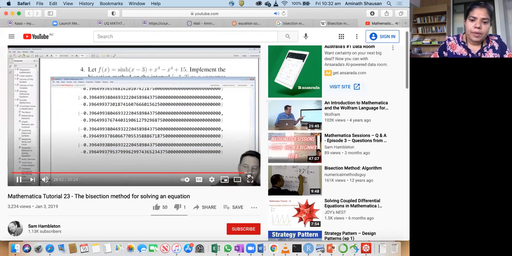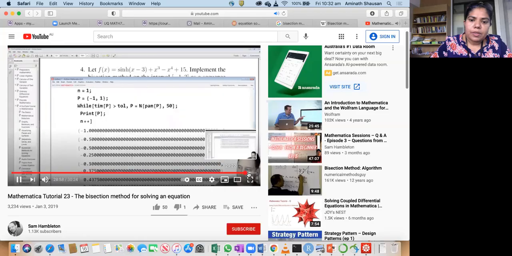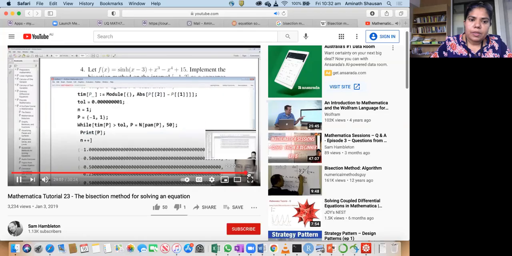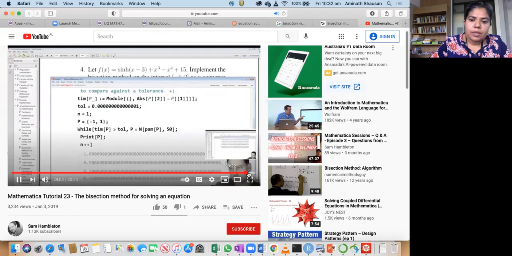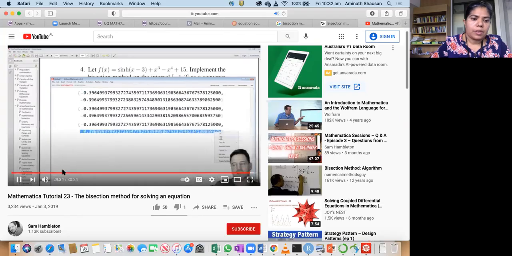It has broken the while loop when the tolerance was found. So let's see if we can decrease the tolerance by including a few more zeros before the 1. Let's copy this.